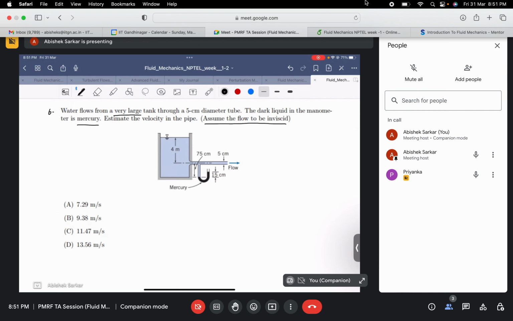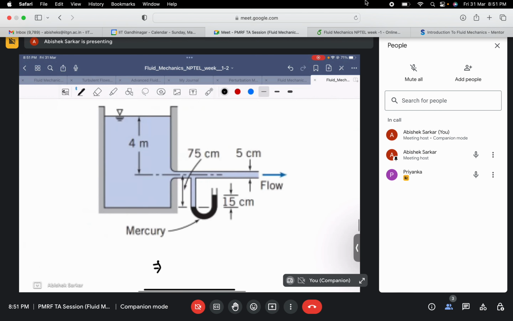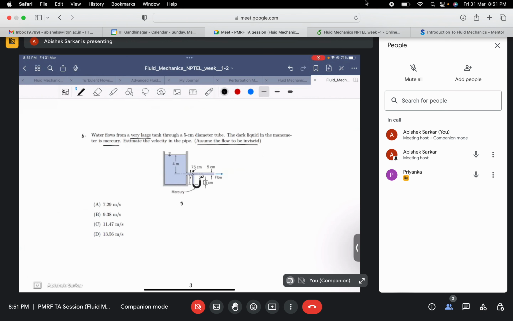First, I calculated the pressure at 2 points in the manometer. One point I took at the manometer opening and the other in the pipe. Okay, so we write the pressure balance equation.